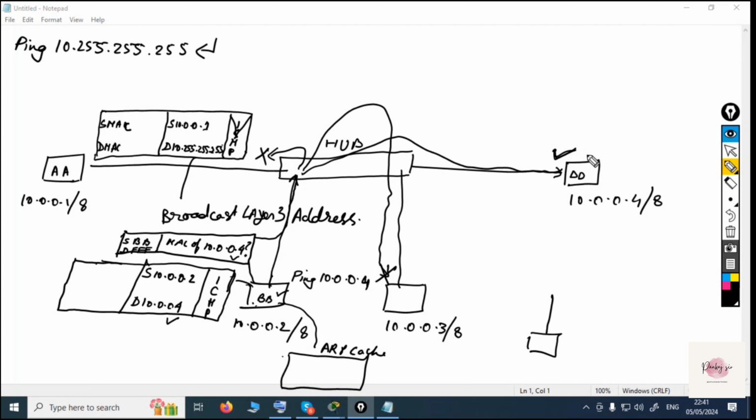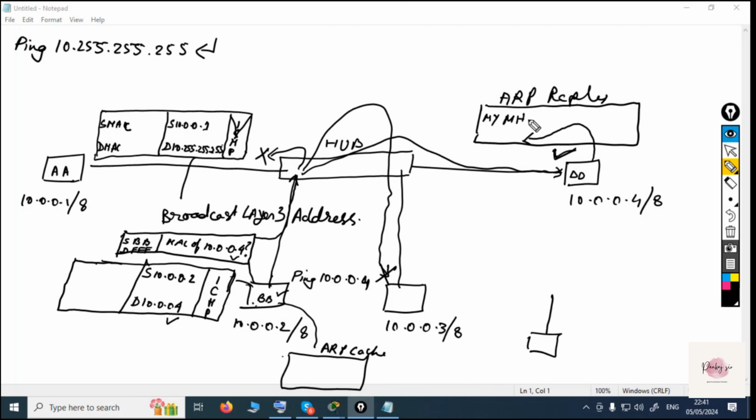Someone is trying to know my MAC address, isn't it? So what will it do? It will send an ARP reply with its MAC address as an answer.